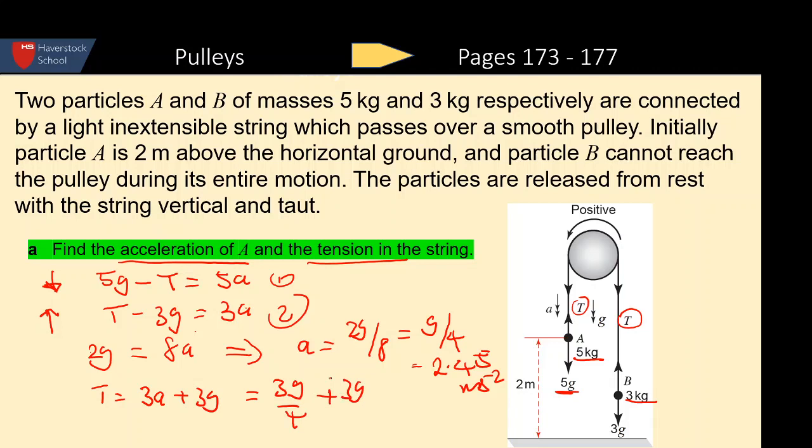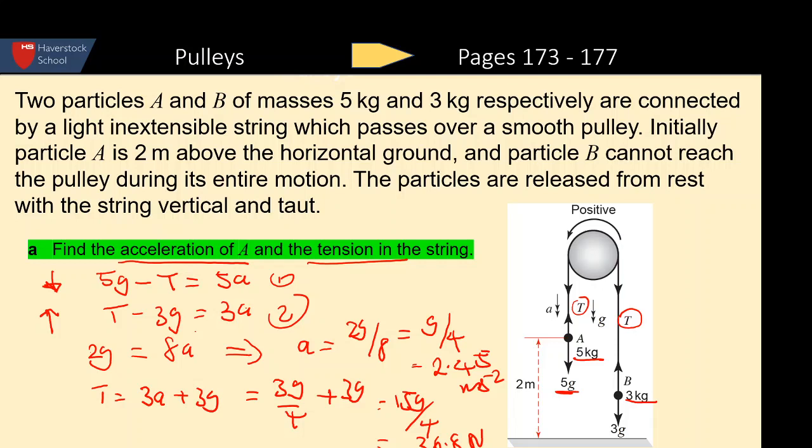Add this fraction up, you will get 15g over 4, and you plug that into your calculator, you should get 36.8. Don't forget the unit. Tension is a force. 36.8 newtons to 3 SF.